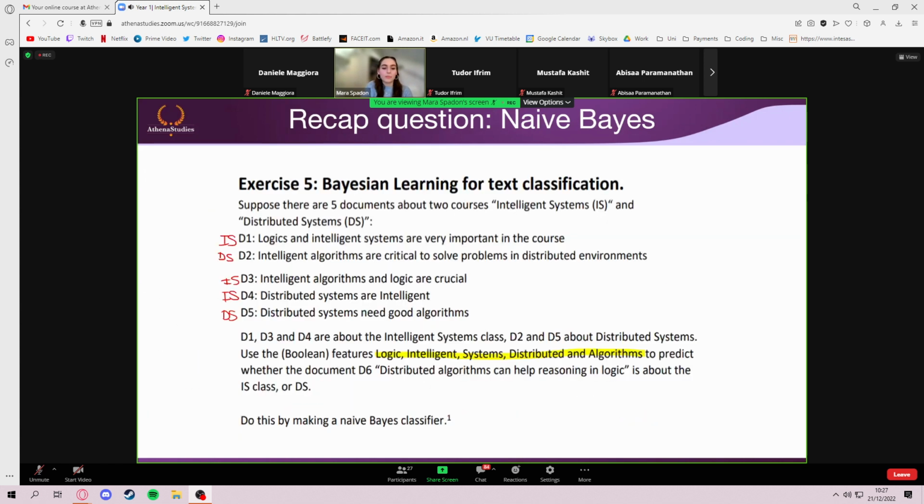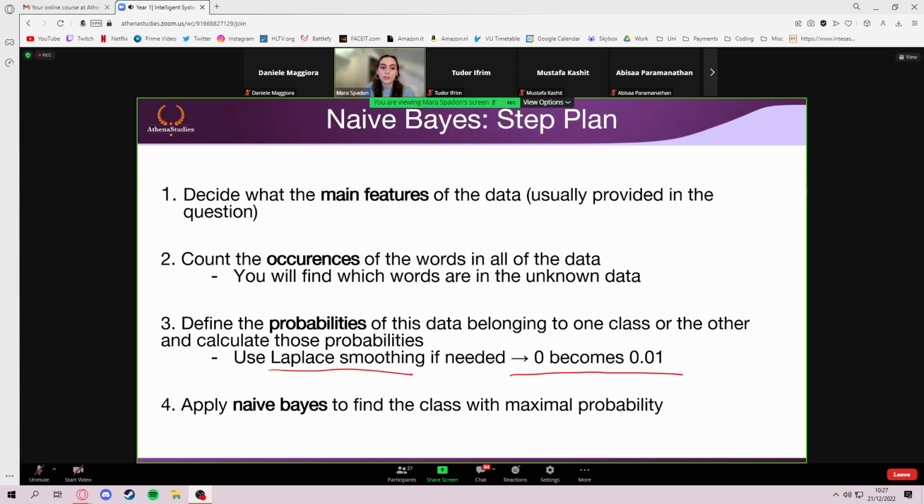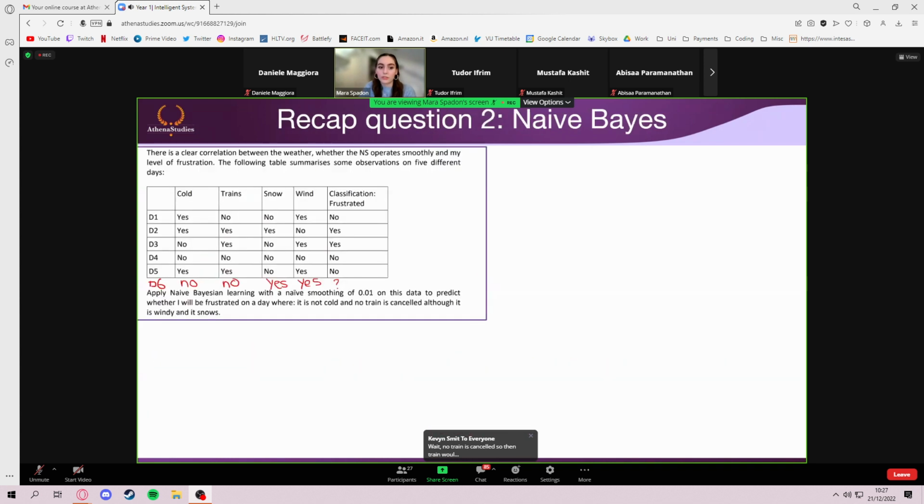If we go back to our step plan, it says decide what the main features are and count the occurrences of these things in the total data. So these two steps have already been given to us. No train is cancelled, so then train would be yeah, this is a bit of a weird question. They're actually using train cancelled.